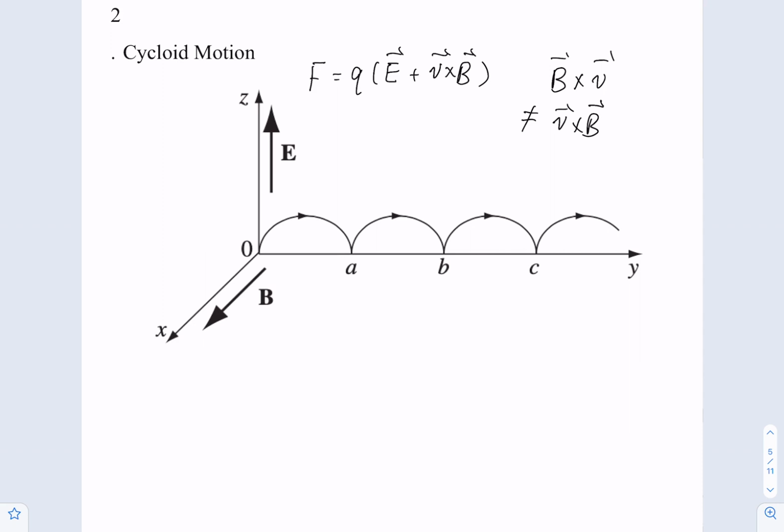So we would imagine that the orbit of a particle that starts still here will go to the right, stop, and then go to the right and stop, go to the right, and so it's some kind of skipping stones motion that's moving in the y direction, which is perpendicular to both E and B.